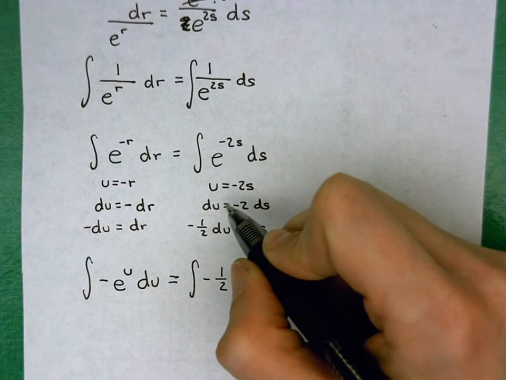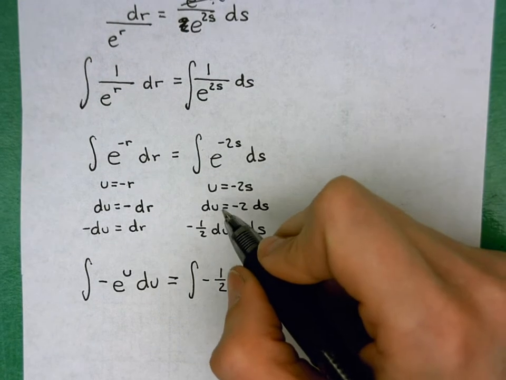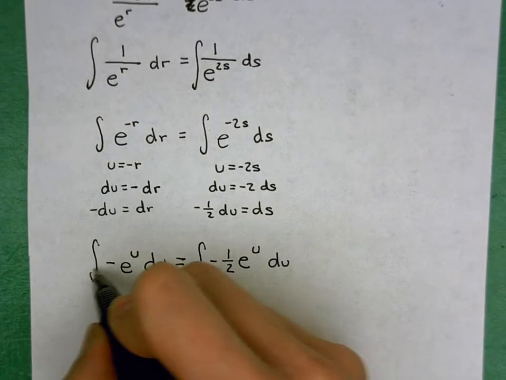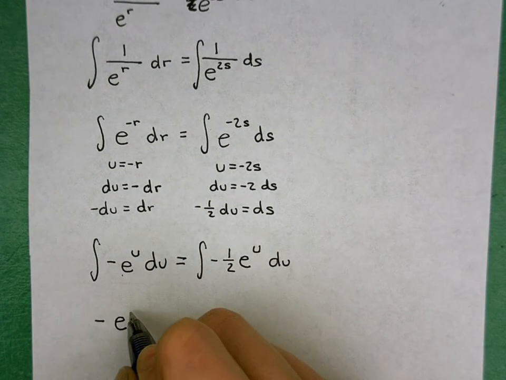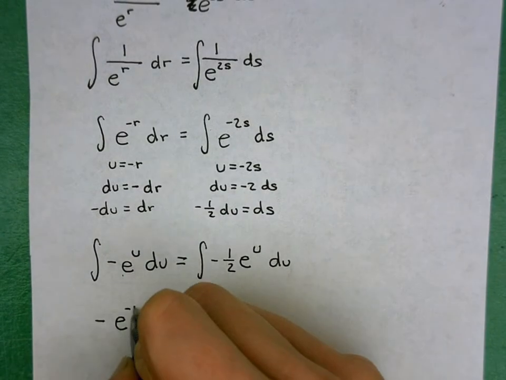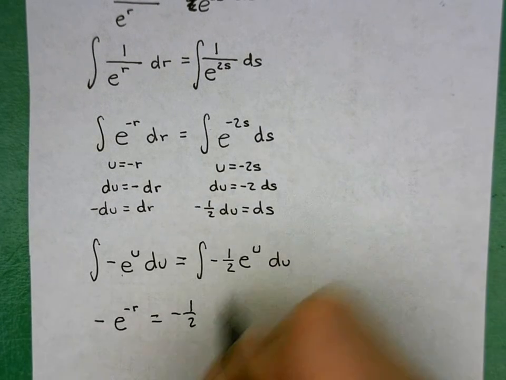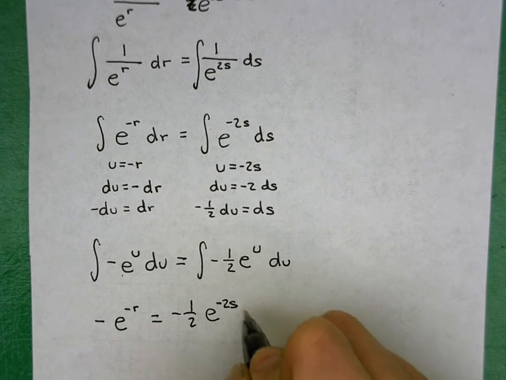You could, frankly, put another variable rather than u, du. Whatever you need to do to make sure you've made that distinction for yourself. Okay, so here the integral of e to the u is e to the u, and its u is negative r. And the integral of e to the u is e to the u, and this one's u is negative 2s, plus c.